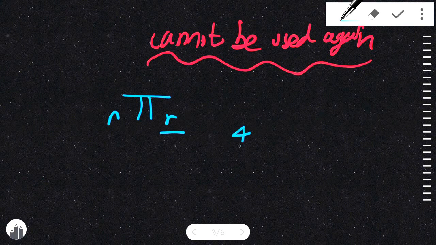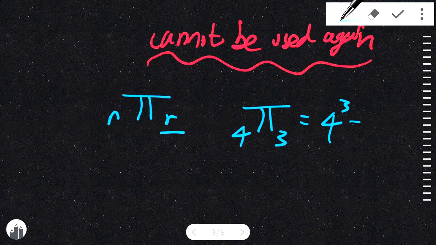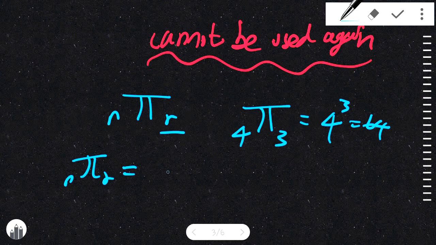Out of 4 different cards, we choose 3 times, so we have 4 to the power of 3 equals 64. N pi r, if you change it to an equation, becomes n to the power of r. This is repeated permutation.